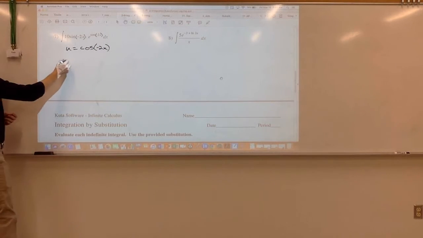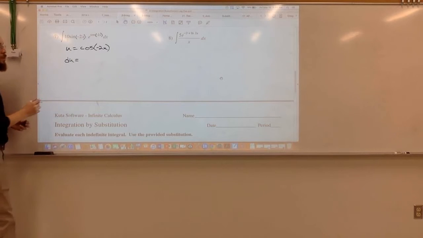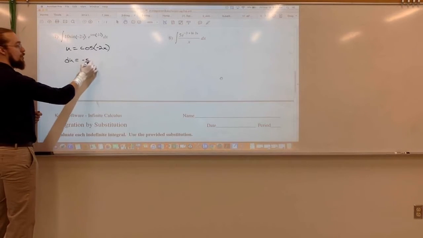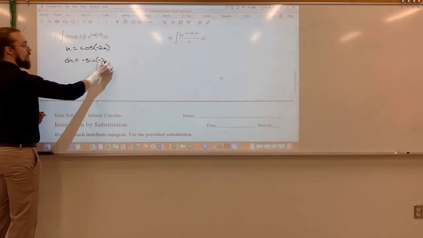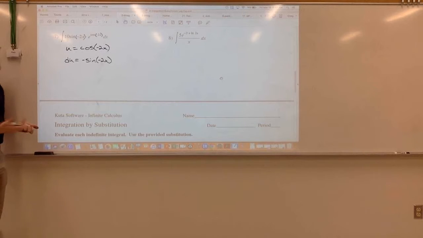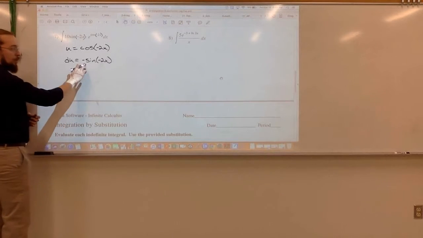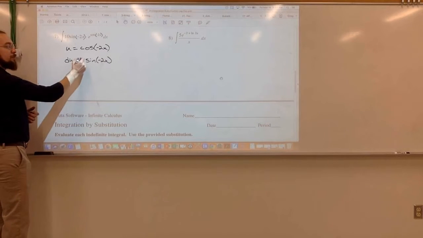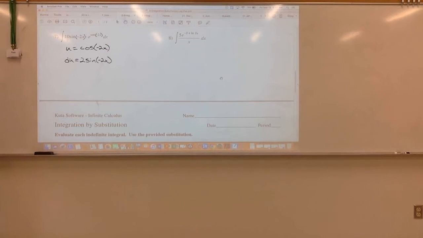Then my du, derivative of cosine is negative sine. Right? So this would be negative sine of negative 2x times negative 2. I'll have a negative 2, which would end up just being positive 2.